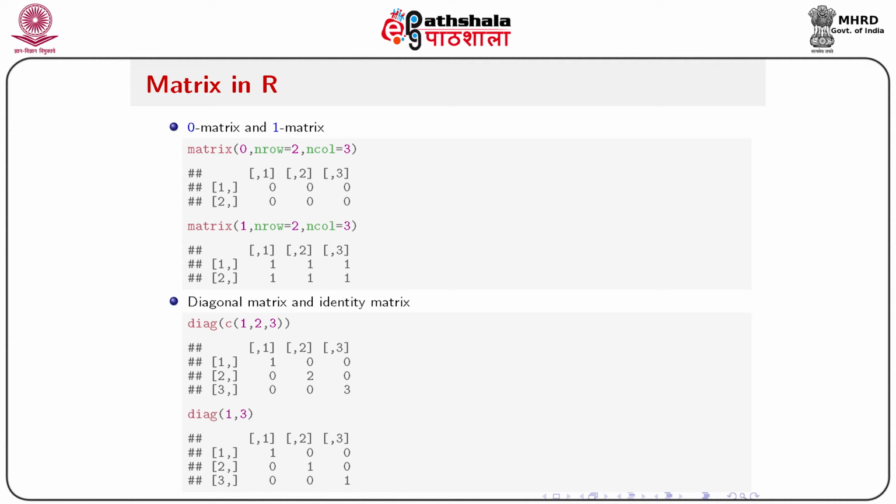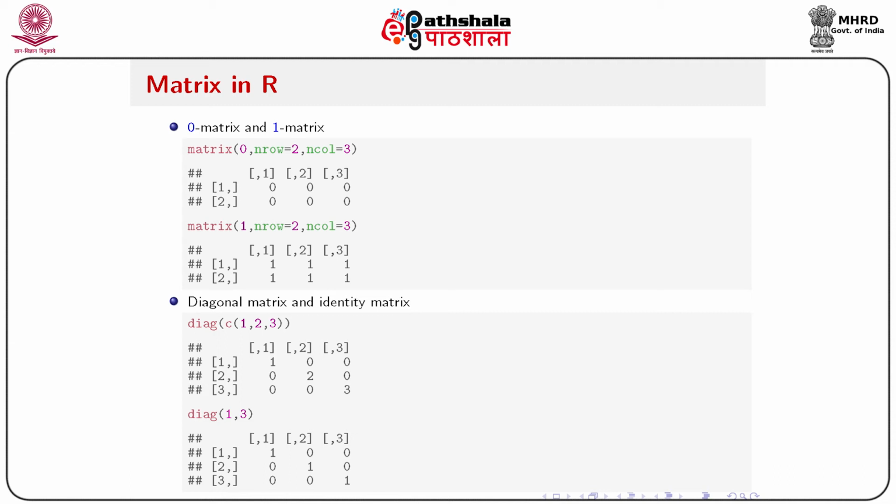For diagonal and identity matrices, for diagonal we can use the function diag, where you can pass the diagonal elements, and automatically it will create a diagonal matrix. So if you pass 3 elements, it will create a 3 by 3 diagonal matrix. And similarly, if you want the identity matrix, you use the diag function, and you just pass 1, 3.